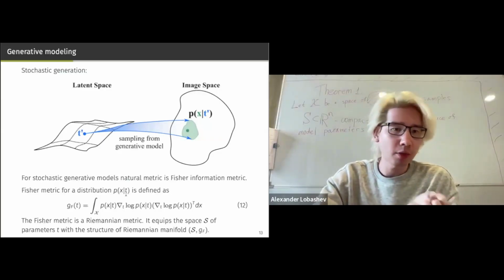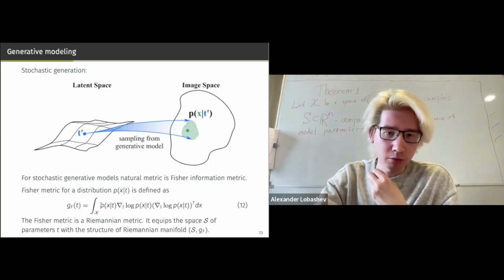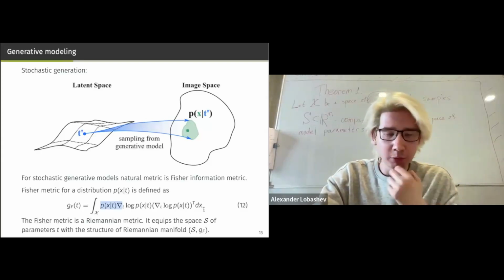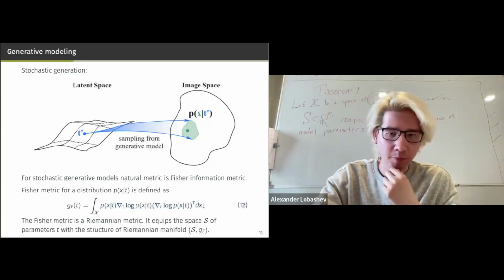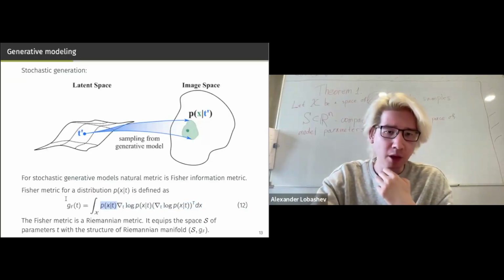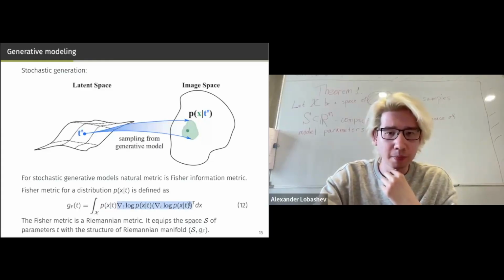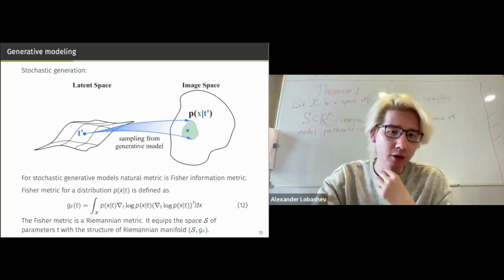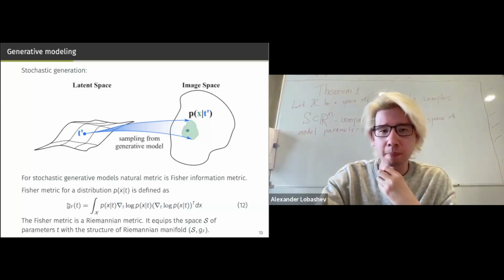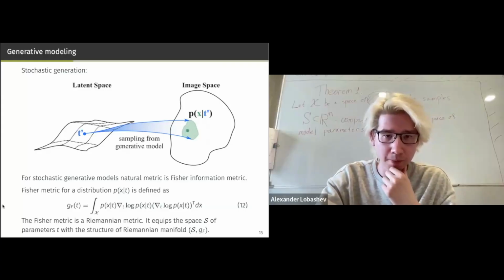And actually, there is a natural way to define such a metric, which is the Fisher information metric. Usually people define it as the following equation 12. So we have averaging with respect to this parameter of this score function. For example, for a normal distribution, this Fisher metric will be the inverse of the covariance matrix of the normal distribution.